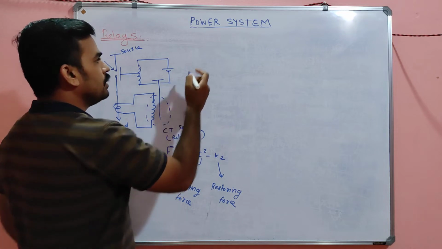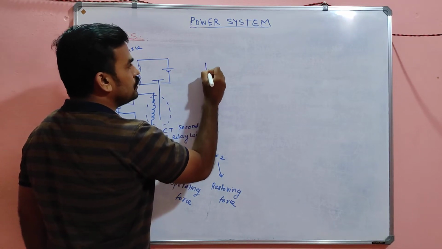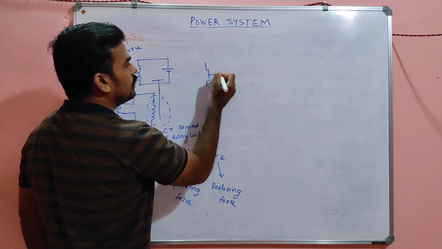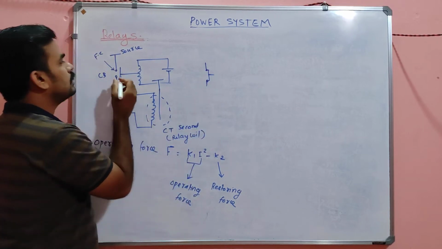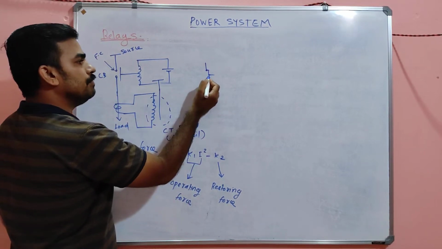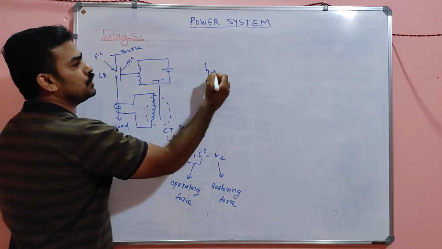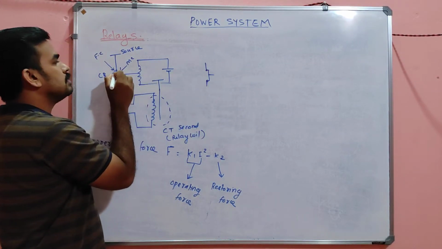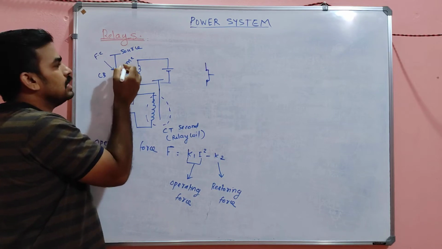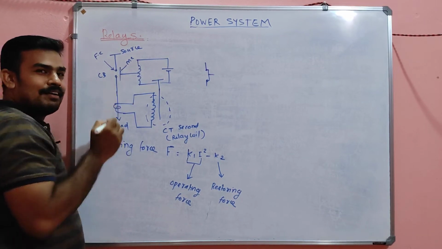Under normal operating condition, this will be the structure. This is the fixed contact and this is the moving contact, MC, and the moving contact is attached to the fixed contact.